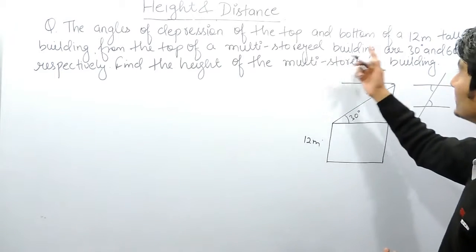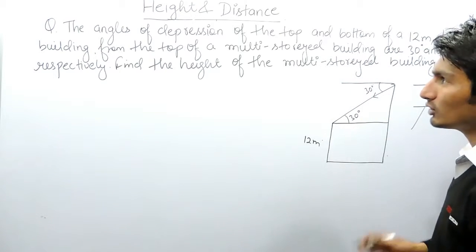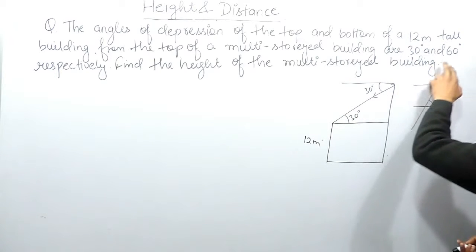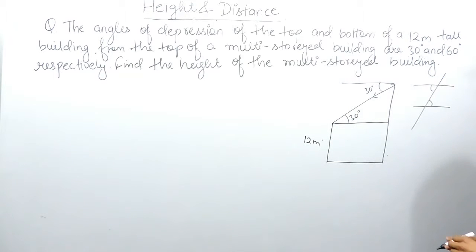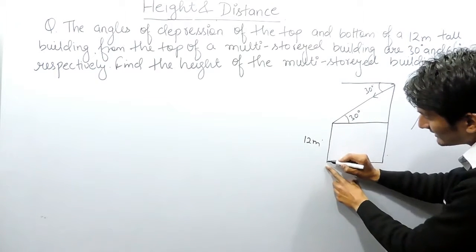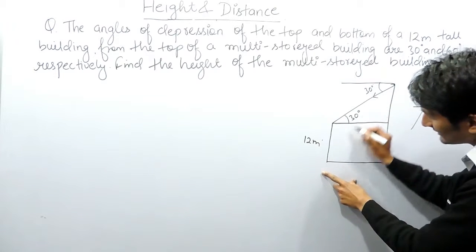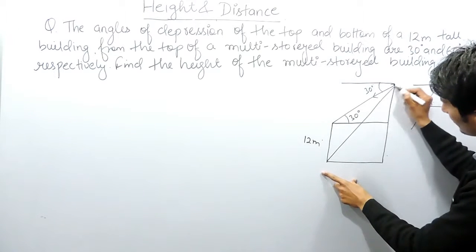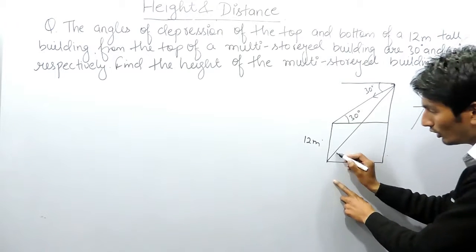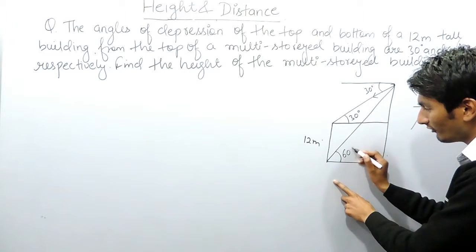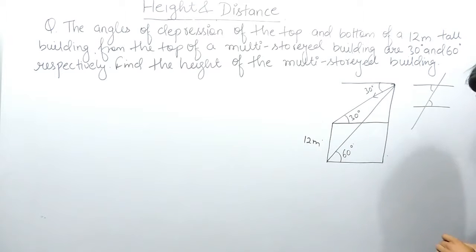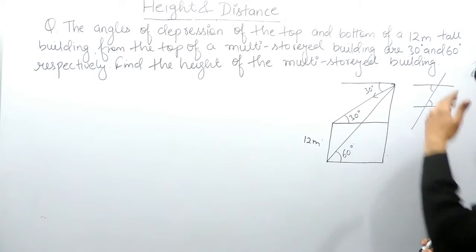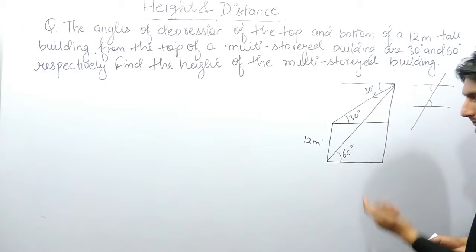Similarly, if I look at the bottom of this 12-meter tall building, the angle of depression is given as 60 degrees. Again, draw only the angle of elevation, because the two angles are the same.